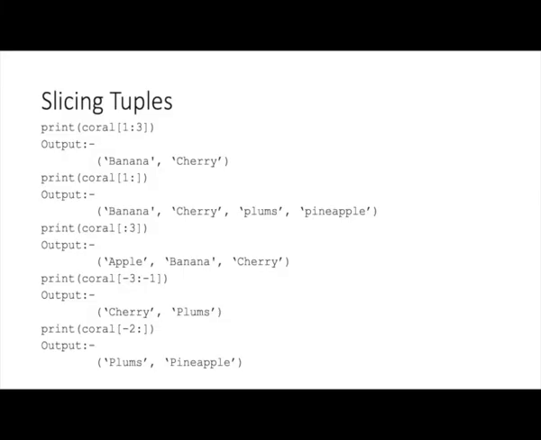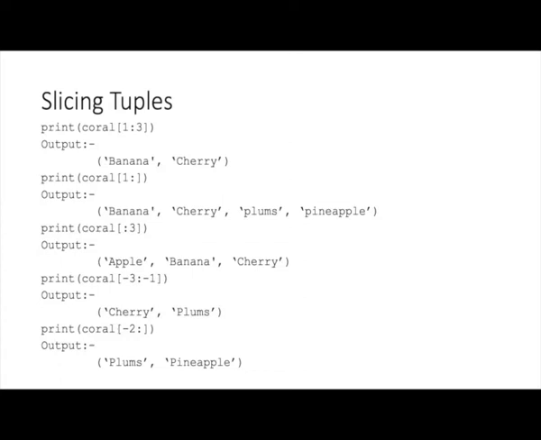So, here we see that I have put up a lot of examples which pertain to our fruits tuple. Now, here I am going to slice the fruits tuple. In the first example, you see I am going to print the tuple from 1:3.